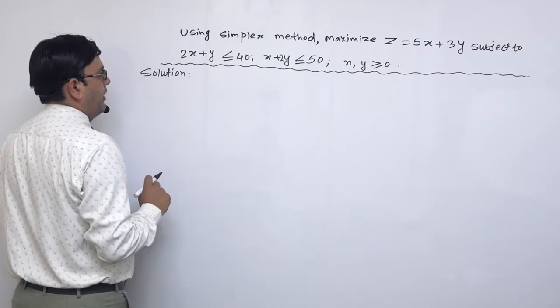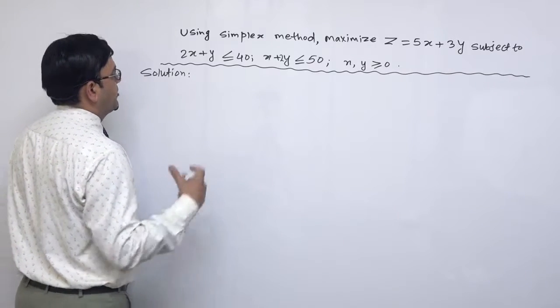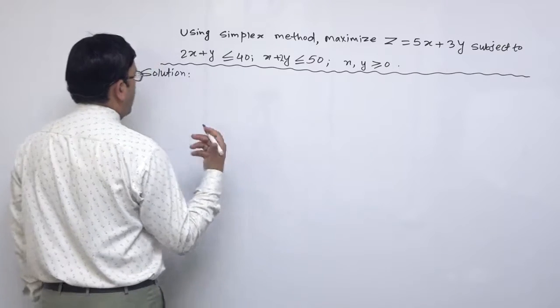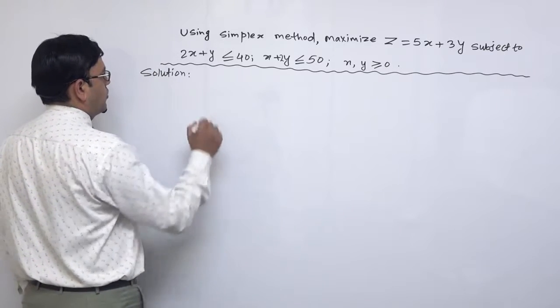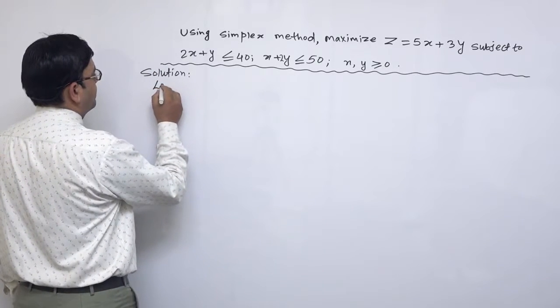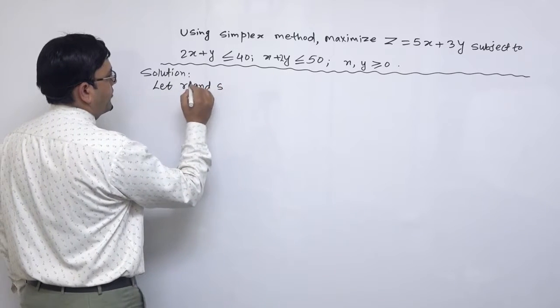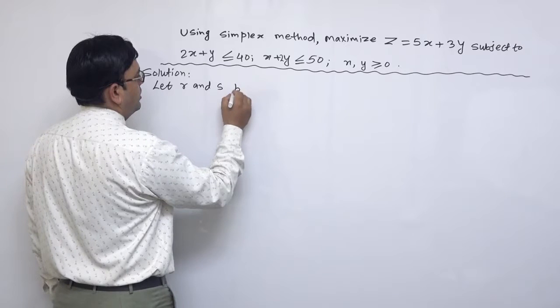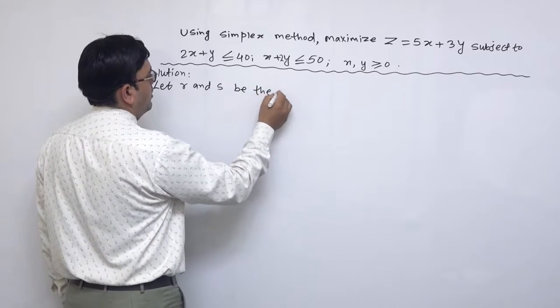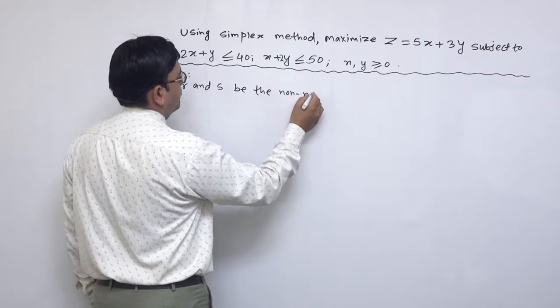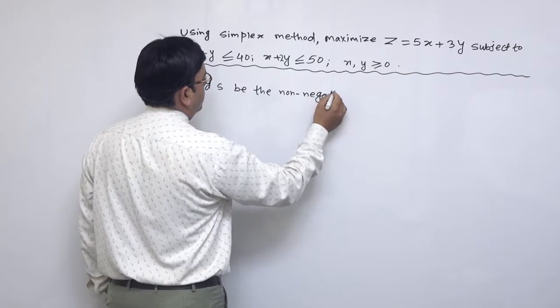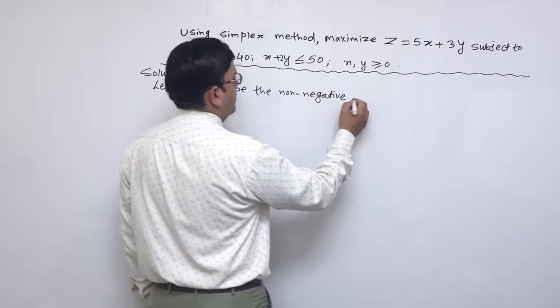In this question, first of all we have to suppose the slack variables, you already know. So let r and s be the non-negative slack variables.